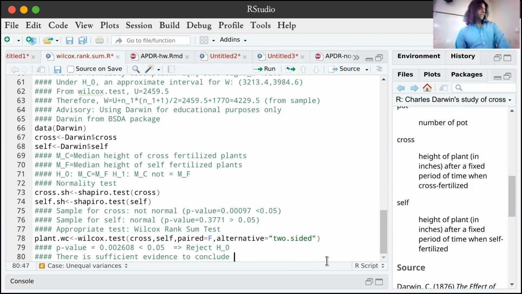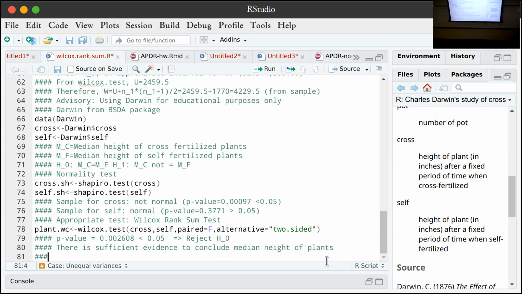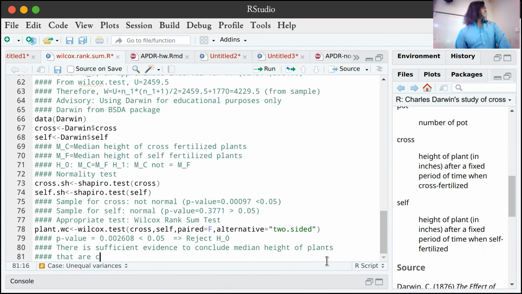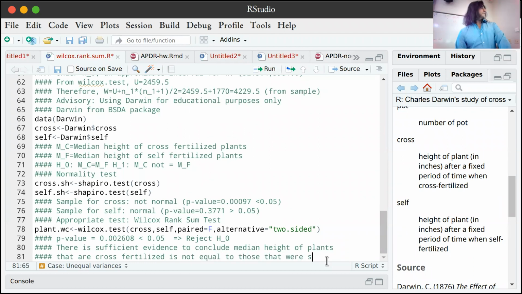To conclude, the median height of plants that are cross-fertilized is not equal to those that were self-fertilized.